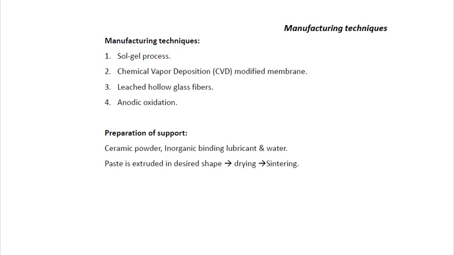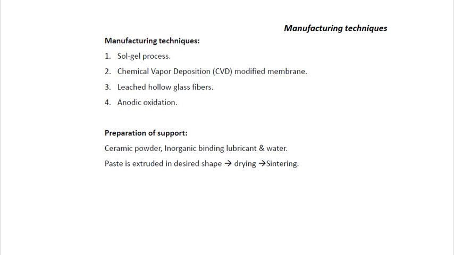The porous support is created by the pressing and sintering method, which we have already discussed in the polymeric membrane manufacturing techniques. In pressing and sintering, you take the ceramic powder, inorganic powder, then add an inorganic binder and lubricant, as well as water.